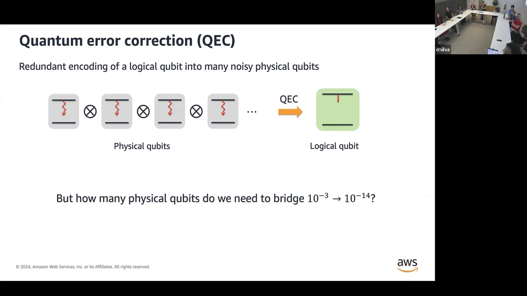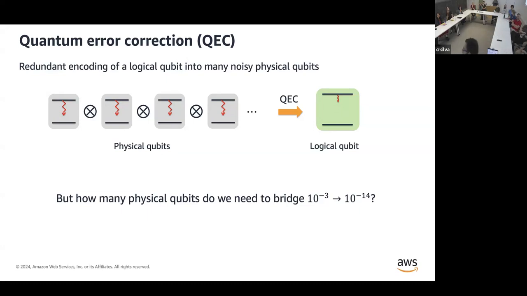All right. But now there's a big question we can address even before building the experiments, which is: what is the overhead of error correction? Error correction is great, but we need many physical qubits for one logical qubit. So how many physical qubits will you need if you want to go from 0.1% physical error rates to 10 to the minus 14 logical error rates?